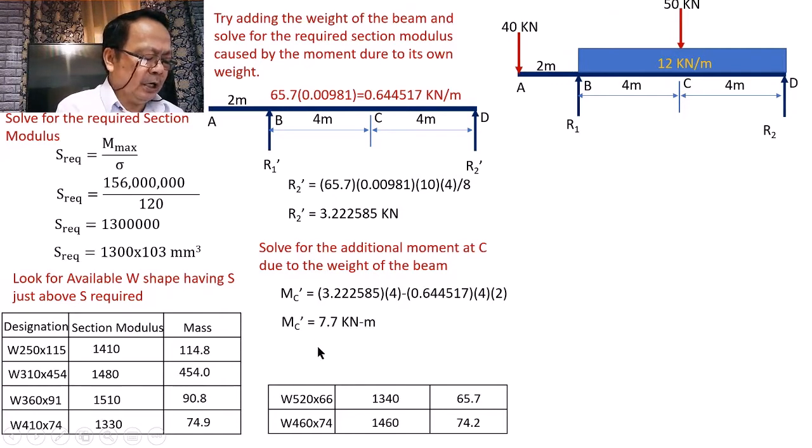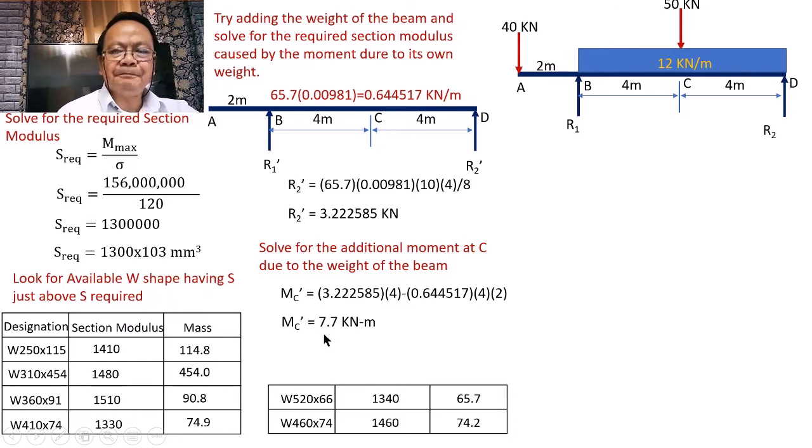And so here, you shall have the moment of 7.7 kilonewton meter. Ito yung moment na na-induce ng sarili niyang weight at point C. At sa makatuwid, dapat natin itong i-add doon sa 156. Di ba? Kaya yung kanyang magiging total moment will be 156 plus 7.7.